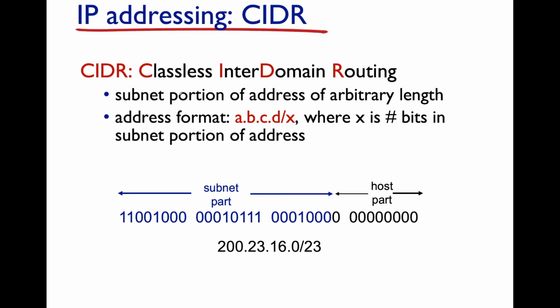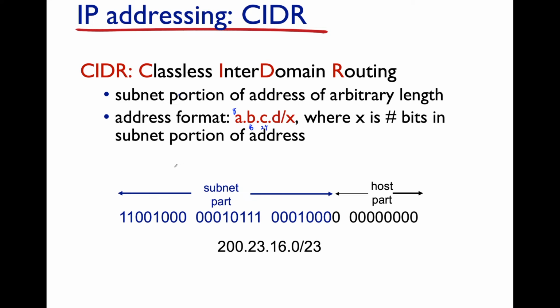So you have the subnet portion of address, and the nice thing about CIDRized notation is you can have a subnet of arbitrary length, instead of handing out networks that had a subnet that was 8 bits long, or 16 bits long, or 24 bits long, right? You could have arbitrary, like 23 bits, 27 bits, 29 bits, and so forth. And so that allowed you to more efficiently hand out blocks of addresses, because in the early days, you could only hand out blocks that were 8, 16, 24 bits, and so forth for your subnet.